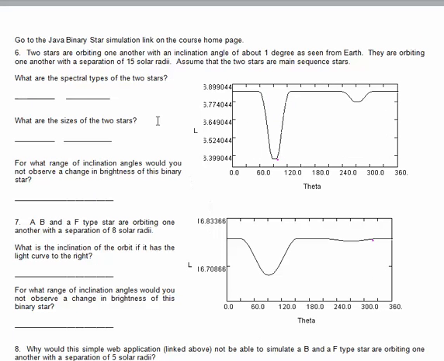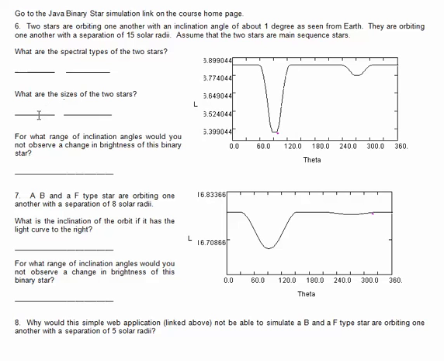So just make sure that you read these questions carefully and put in the parameters carefully when you run the simulation during the exam. And make sure that for spectral types you answer in these blanks here, O, B, A, F, G, K, or M. So you want to have single letters in those two blanks for the two types of stars that led to that shape of a light curve. And when the sizes of stars are quoted here, make sure that you put a number there.